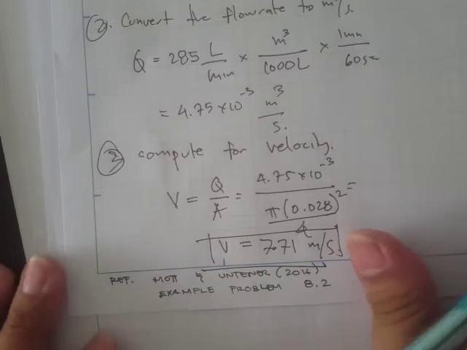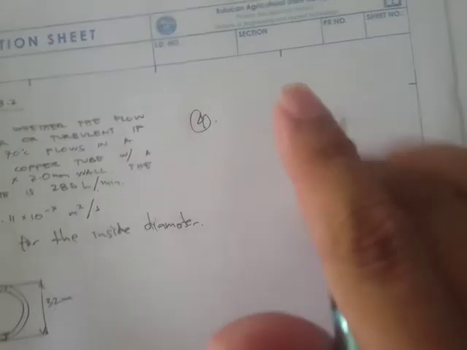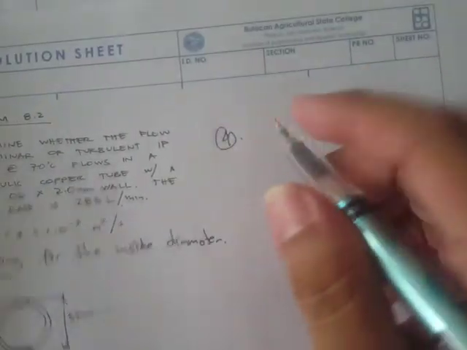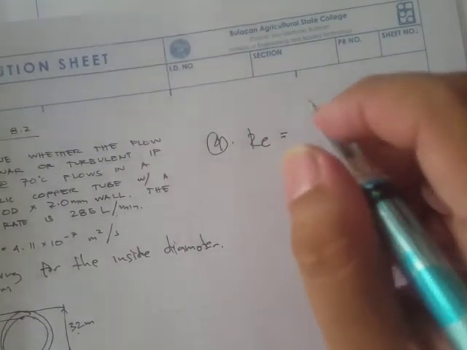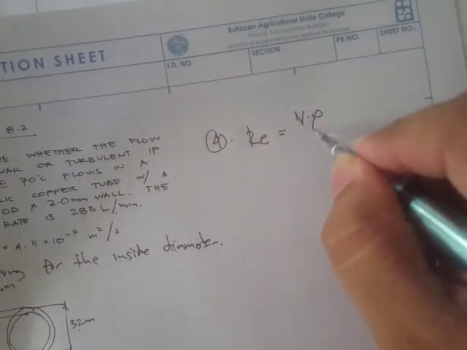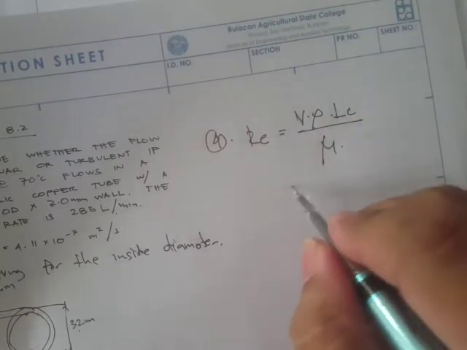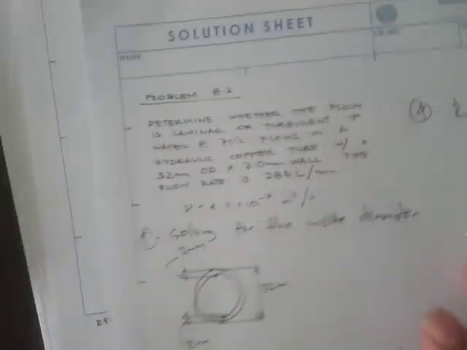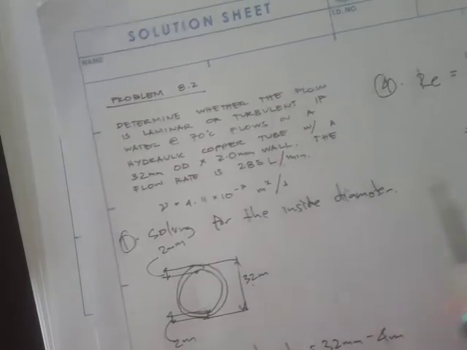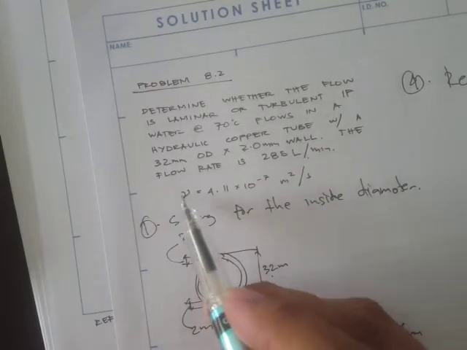So we have now the velocity, and therefore we can compute for the Reynolds number. Re is equal to the velocity times the density times the characteristic length divided by the viscosity. Our equation uses dynamic viscosity, but what's given to us is the kinematic viscosity.